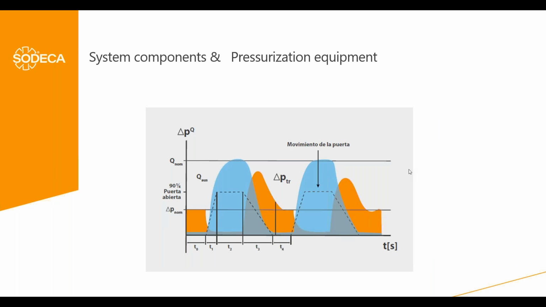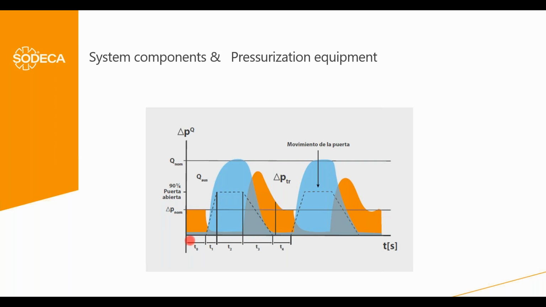And the system has to be very, very fast, because we have 2 risks here. Here, in orange, we will have the nominal overpressure that we want to maintain, 30 pascals, for instance. And in blue, here we have the nominal airflow, the maximum corresponding to the door opening condition.